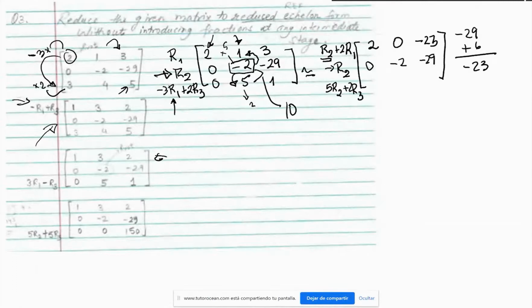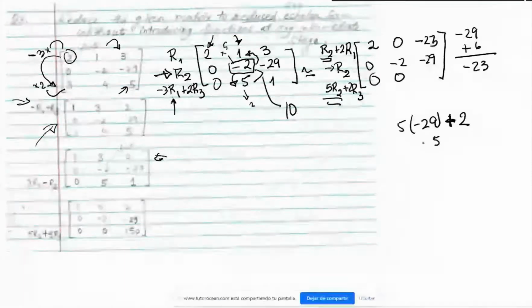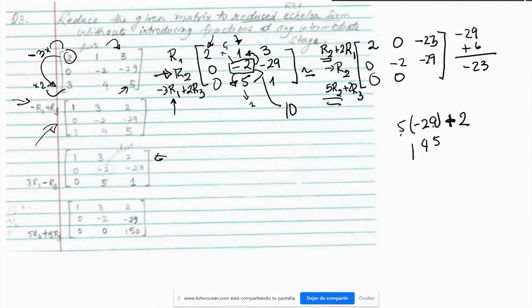And you have zeros here because you have zeros here, and the zero that you just built. For the last one, it's 5 row 2, it means 5 times minus 29 plus 2 row 3. And then you have 45, 145. Negative. Plus 2, and you get minus 143.